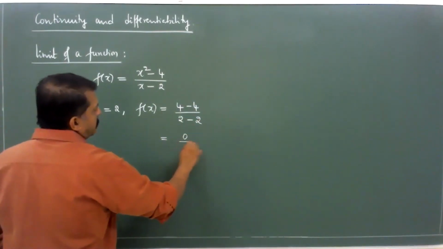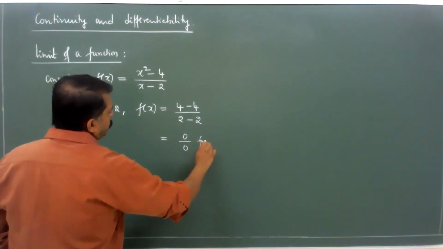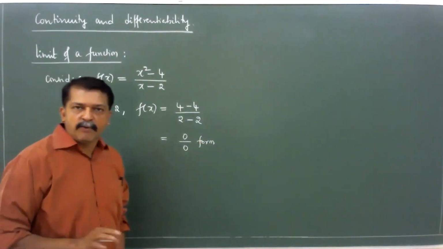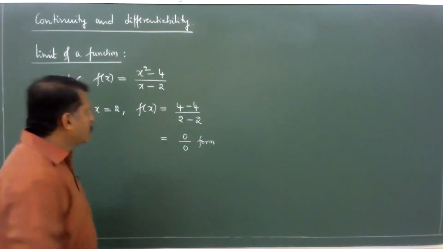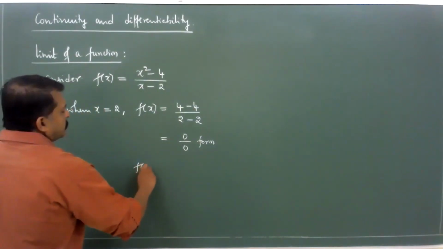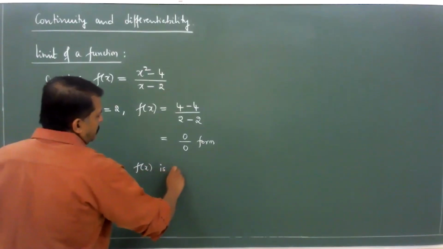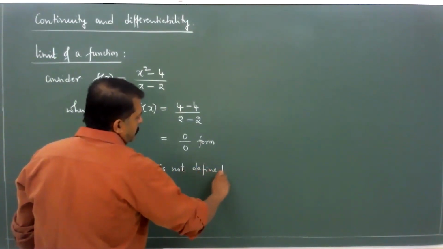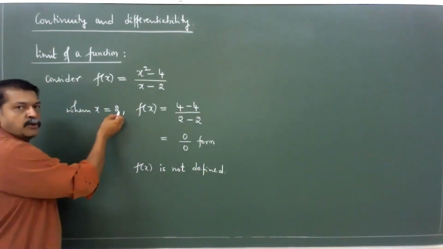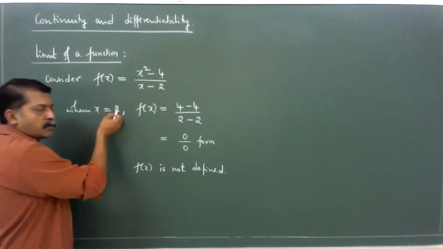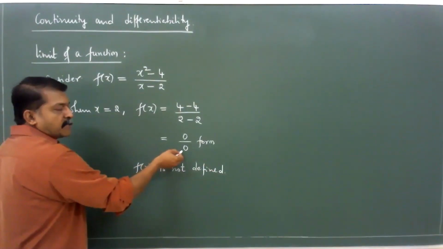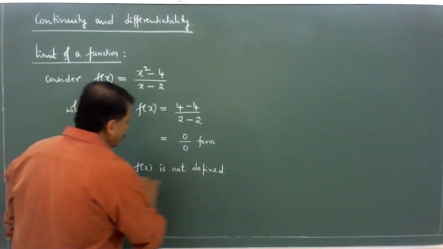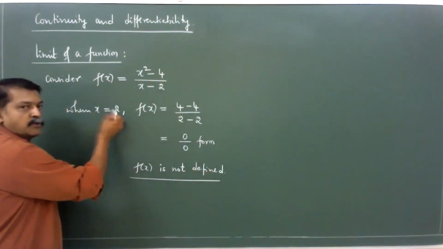So you are going to get a 0 by 0 form, which is an indeterminate form. We don't know the value of this. So that means f of x is not defined for x is equal to 2. When x is equal to 2, we observe that f of x has no value. Therefore, f of x is not defined at x is equal to 2.